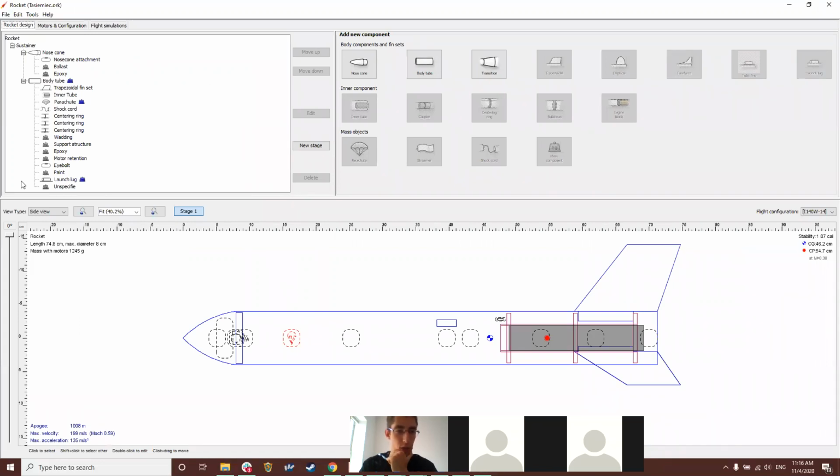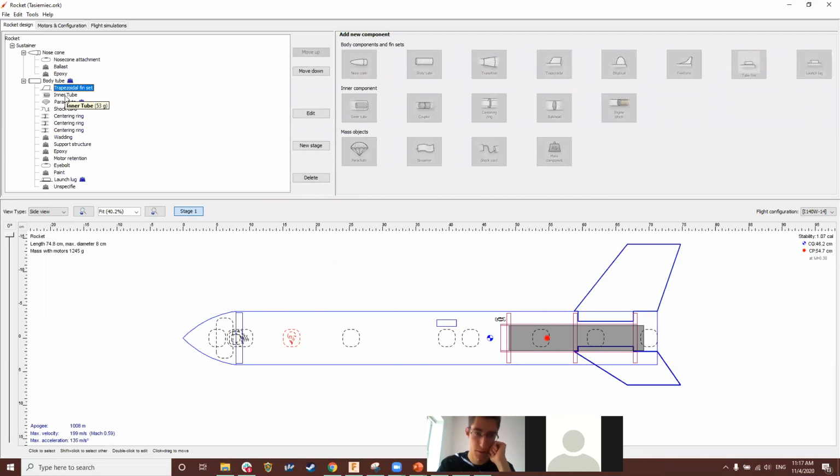So here in this window, we've got a list of all components. Basically, all you need to have like the most basic rocket, you just need a nose cone, body tube, and fins. And all the other stuff is just to make the rocket more accurate, make the design more accurate.